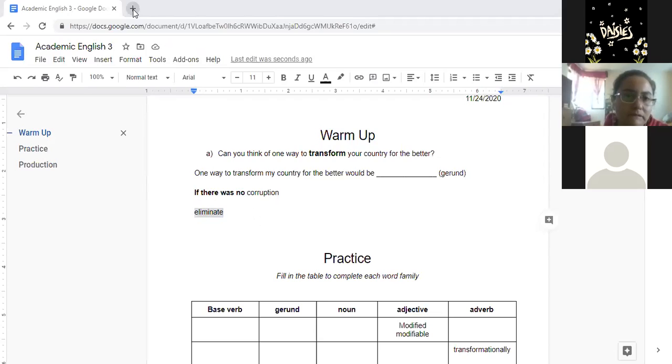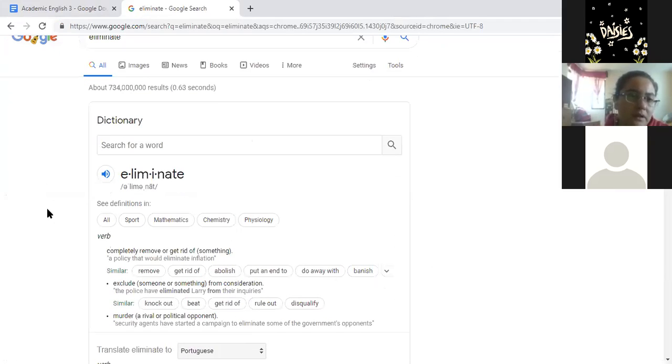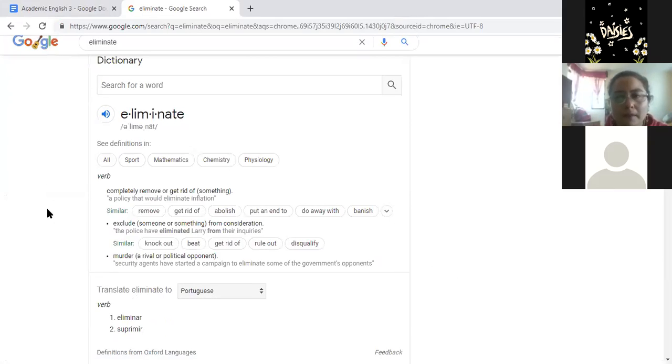It's the same in French. Yes, éliminer. Can you explain this verb to us? In English. If you eliminate something, you make it exist no more.